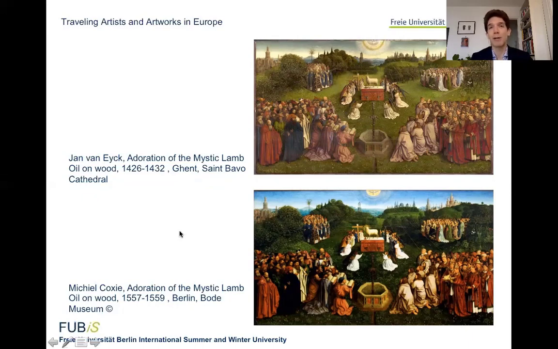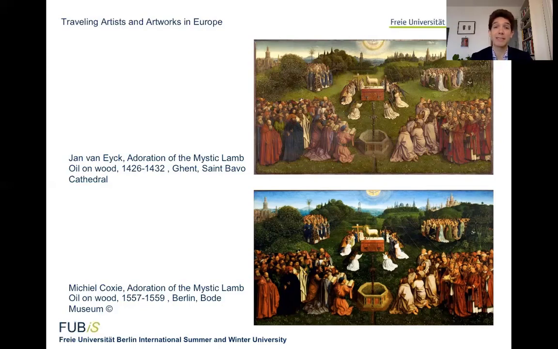And so it's very interesting, while visiting the Bode Museum and after having studied the Ghent Altarpiece in the class, to look at this copy by Michiel Coxcie. But as I was saying, the Ghent Altarpiece was very, very admired.